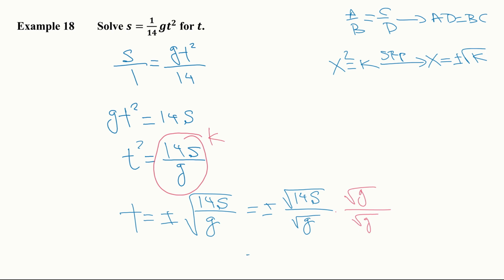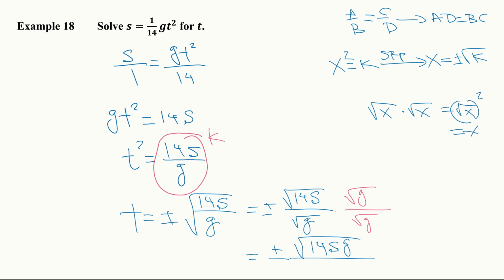So we end up with plus or minus square root of 14sg over, what is the square root of g times square root of g? Remember, the square root of any number times itself is just the number, right? So that's just going to be g. And just like that, you're done. There are your two solutions for t.